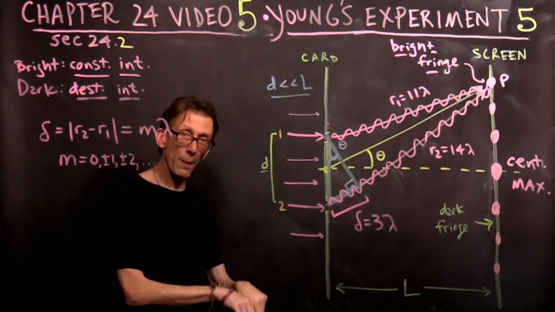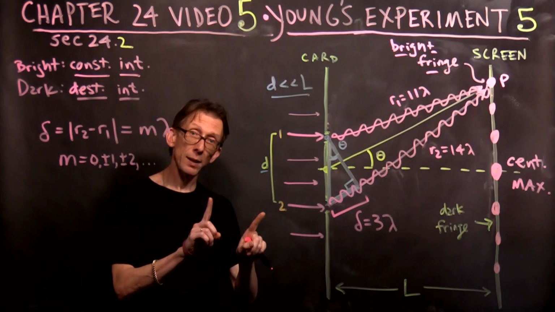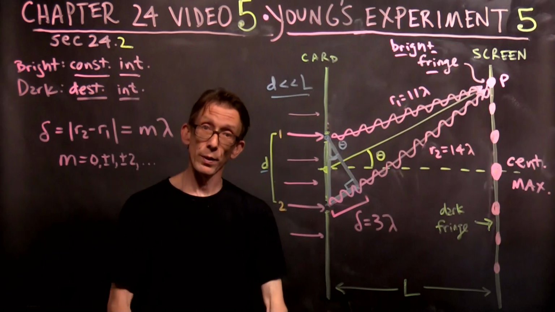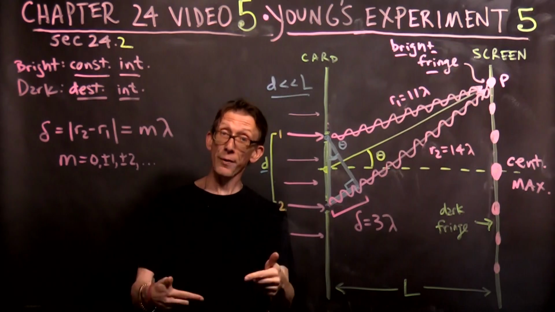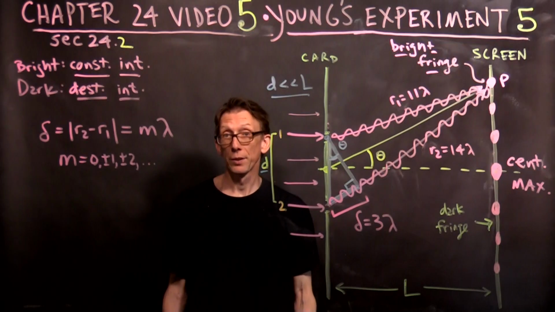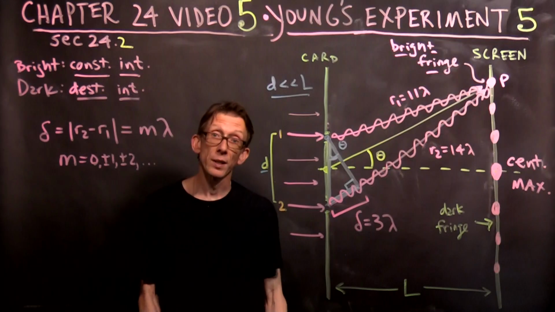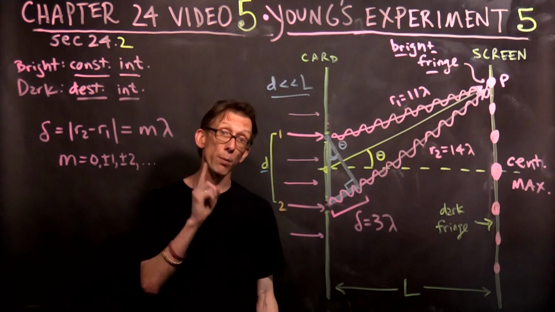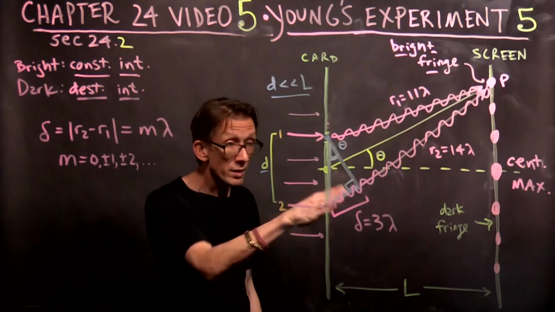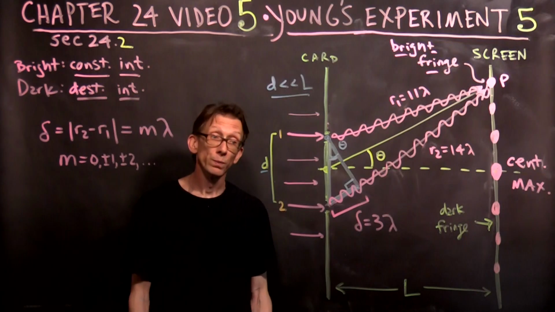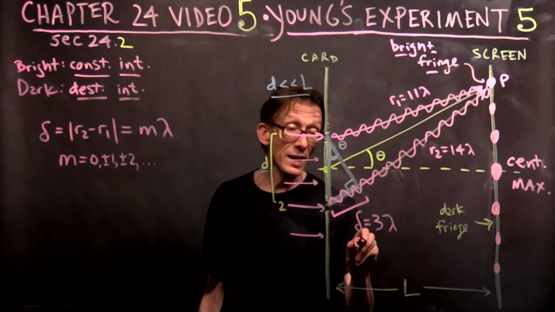And when they arrive in step with each other, peaks meet peaks, and you get constructive interference. Troughs meet troughs, and you get constructive interference. If that path length difference is equal to an integer number of wavelengths. In this case, m equals 3.